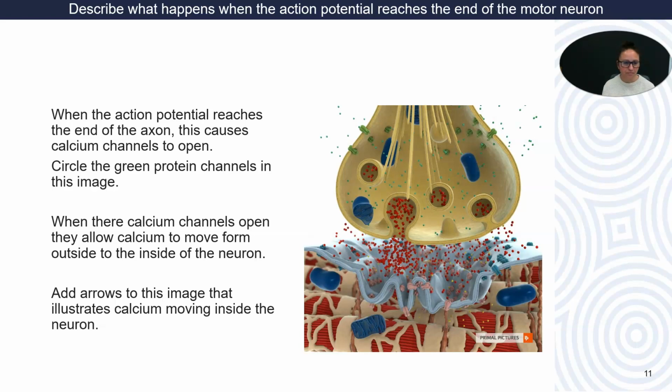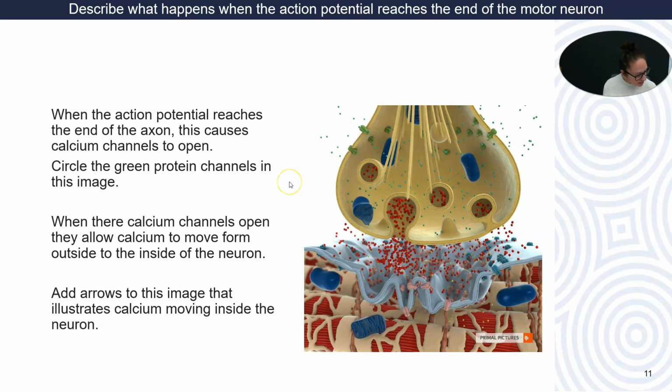All right. So when the action potential reaches the end of the axon over here, it causes calcium channels to open. Now, where are they? These are the little green ones here. See them?